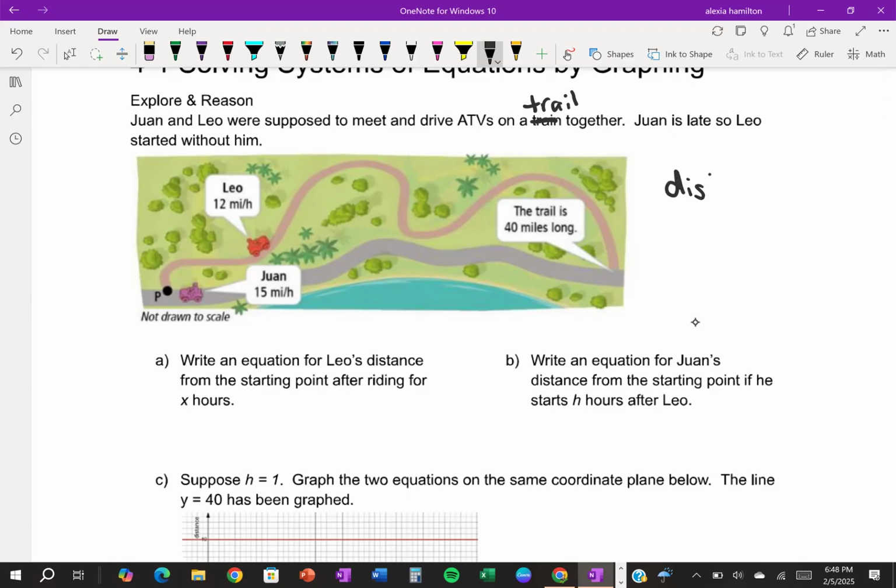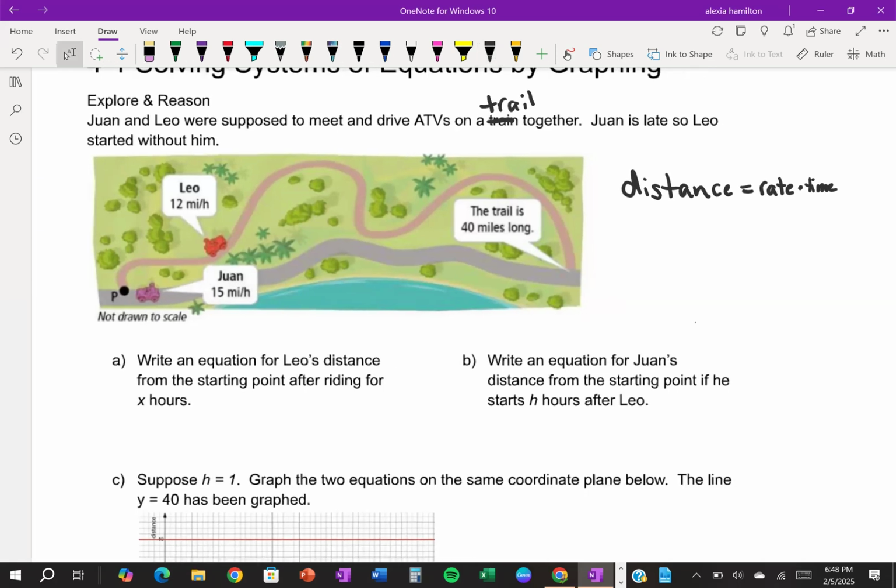Distance is equal to the speed the person is going multiplied by the amount of time the person is traveling, or the object is traveling. So rate times time. All right, so Leo goes 12 miles per hour for x hours. So Leo's distance, I'm just going to use an L for Leo, is equal to 12 times x.